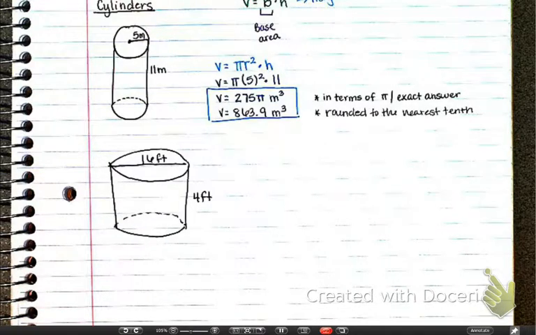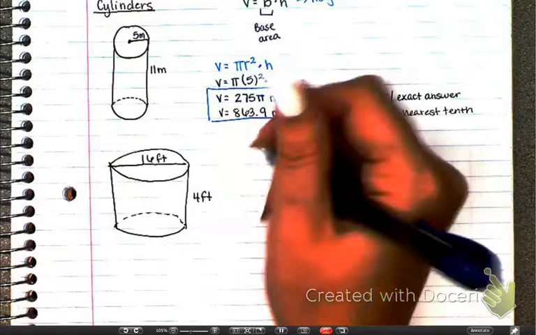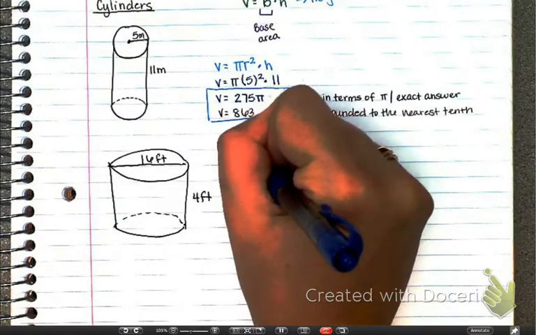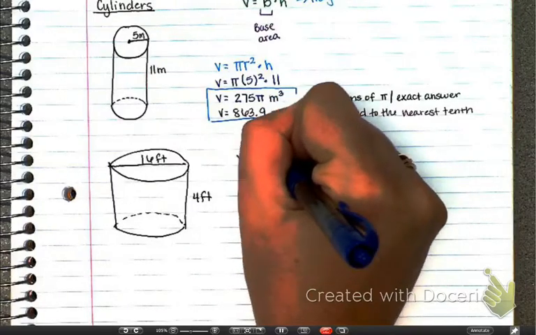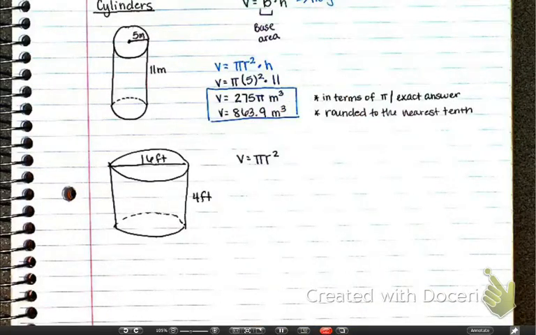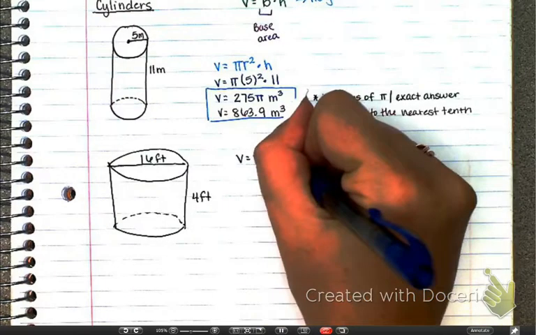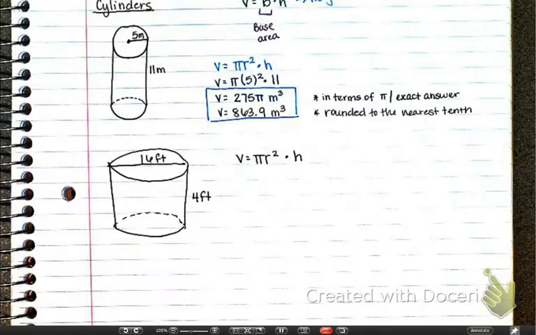It's still a circle. I mean, it's not drawn very well, but it's still a circle. All cylinders are going to have a circular base. Okay? So for volume, our base is a circle, so pi r squared times the height of the whole thing.